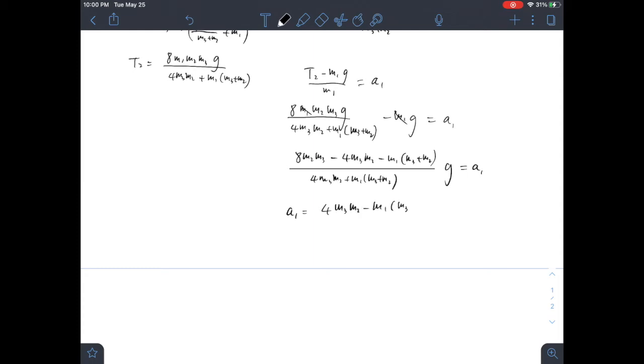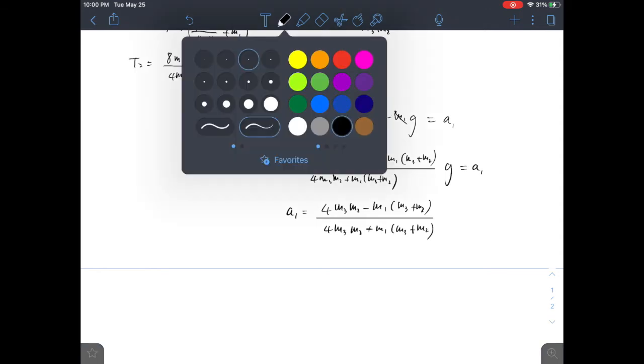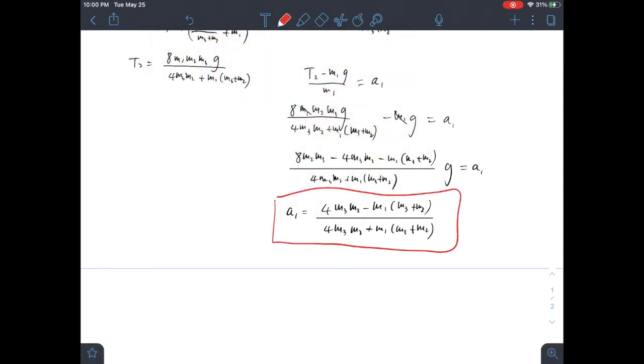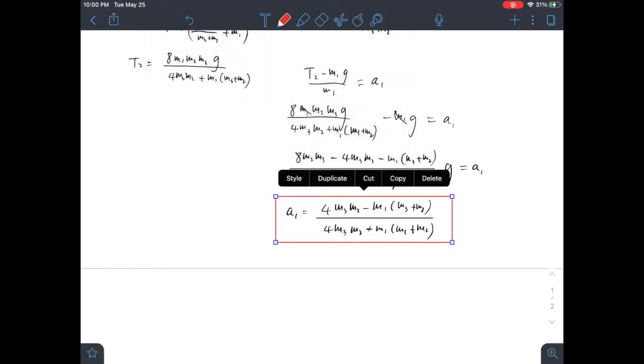Now simplify, we get a1 is equal to (4 times m3 m2 minus m1 times (m3 plus m2)) divided by (4 times m3 m2 plus m1 times (m3 plus m2)), times g. That's our solution for a1.